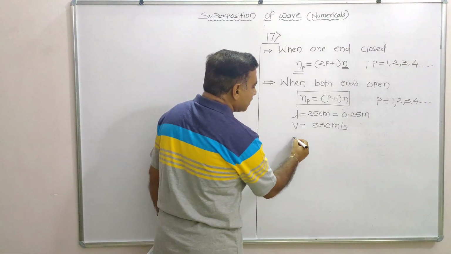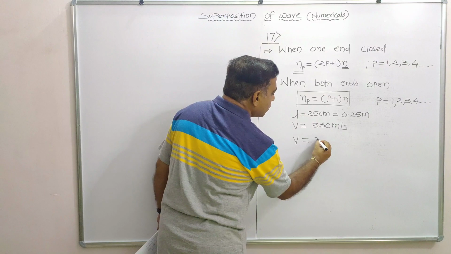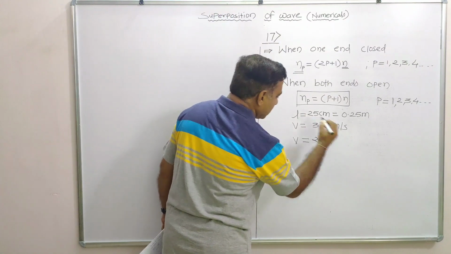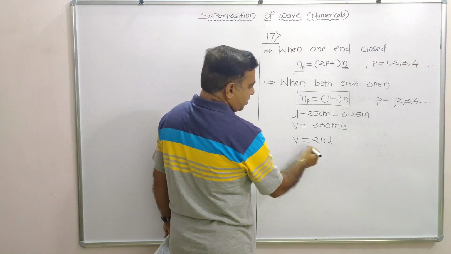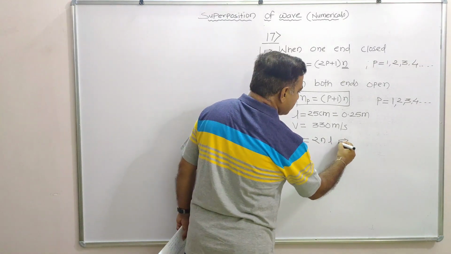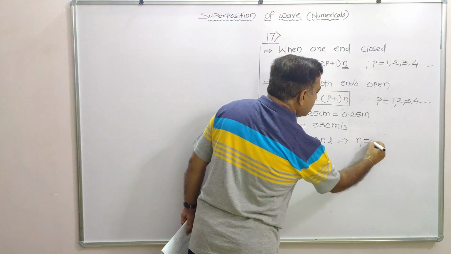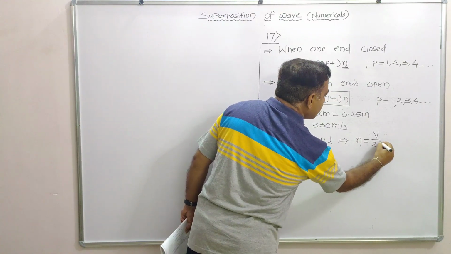We know the formula V is equal to 2N into L. V is known, so we can easily calculate N because N is equal to V upon 2L.